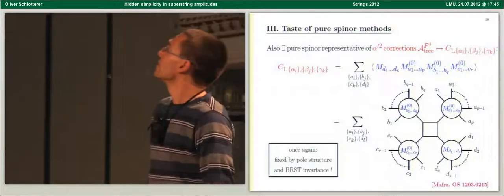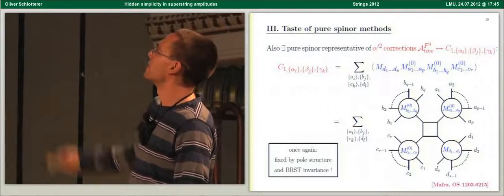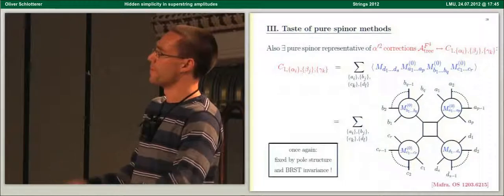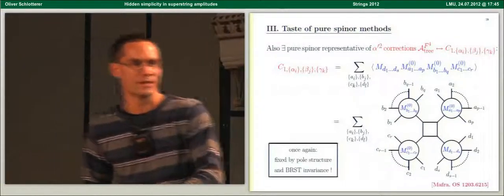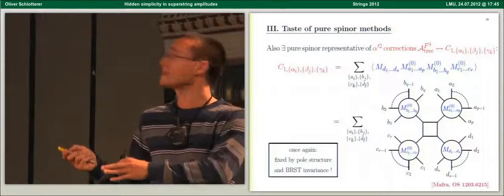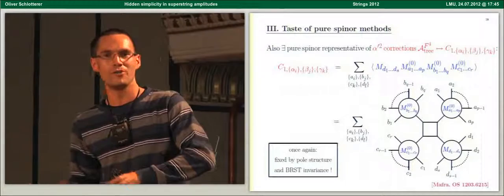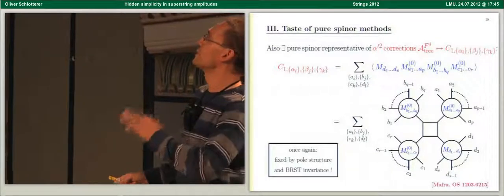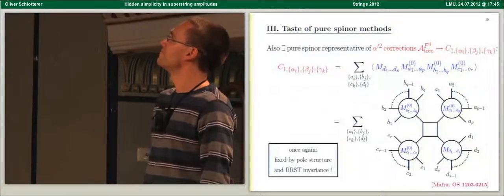This time, these BRST invariants are made of quartic expressions in these tree-level sub-amplitudes. And the first step of the computation was to figure out what are the BRST invariants that I can form from these building blocks. And then we could do the explicit CFT computation at one loop, and then it was no more difficult to identify these ingredients C within the CFT correlator.